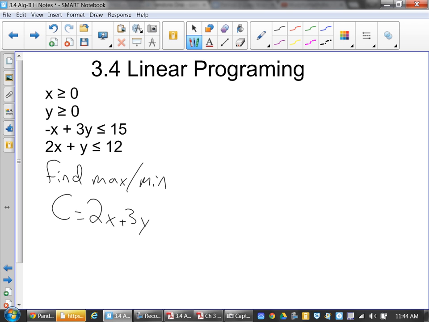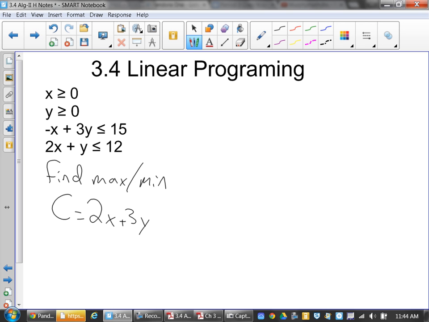This constraint is always given by the equation C equals something. What are you trying to maximize? What are you trying to minimize? Eventually, we're going to talk about maximizing profits, maximizing units sold, things like that.